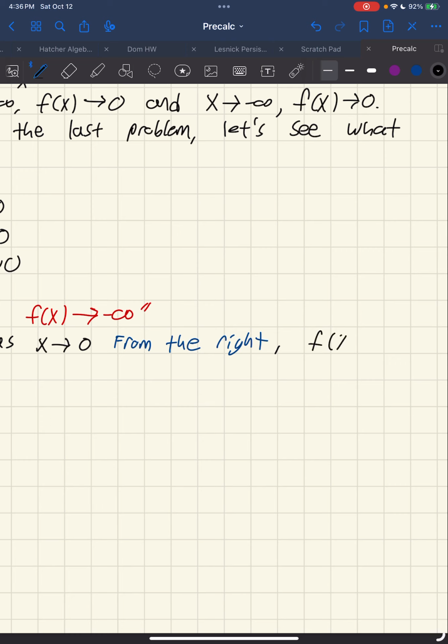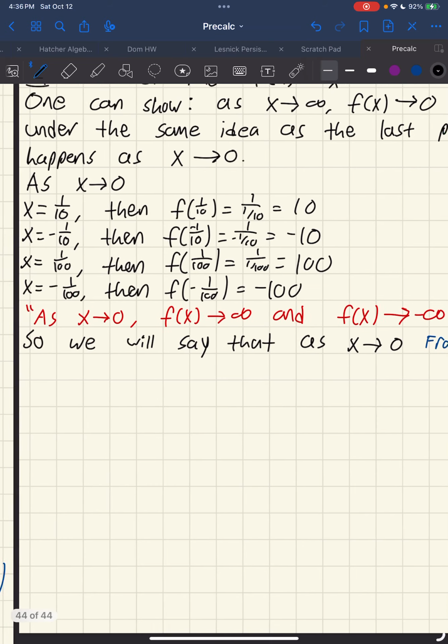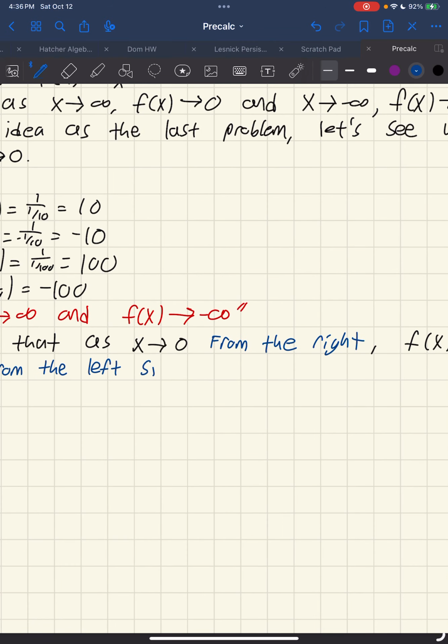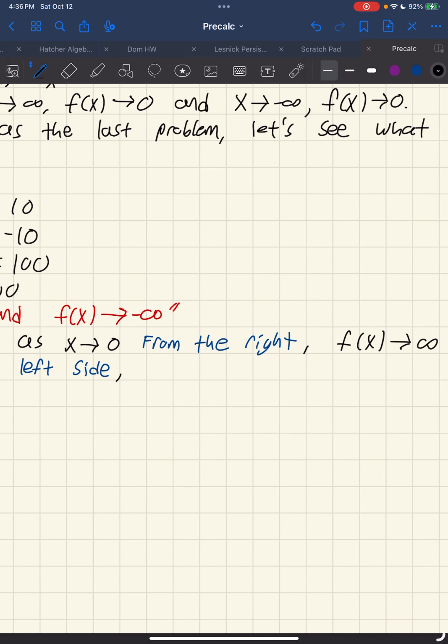As x approaches 0 from the right, f of x is going to infinity. But as x approaches 0 from the left side, f of x is going to negative infinity.